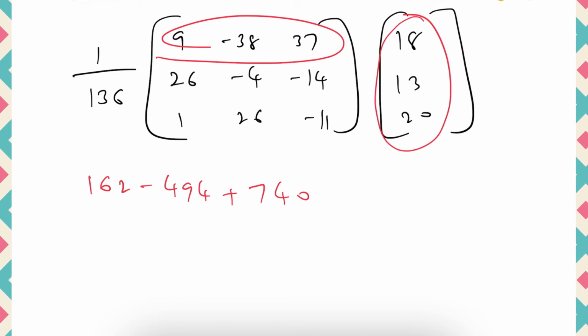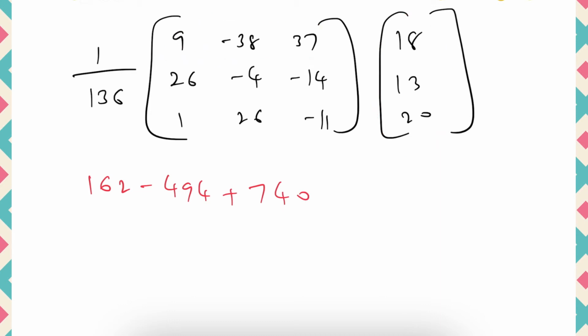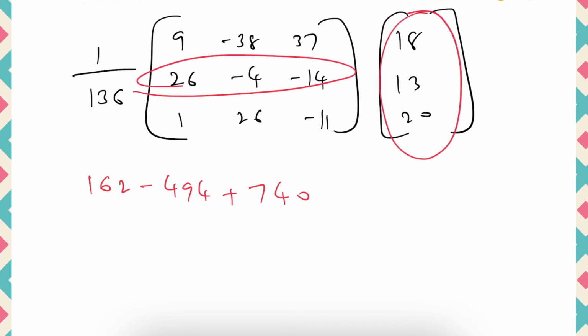Okay, next the same way second row also we need to multiply with this total column. So first one will be 26 times 18, 468. Then minus is there, so minus 4 into 13, 52. Again minus is there, so minus 14 into 20, it is 280.